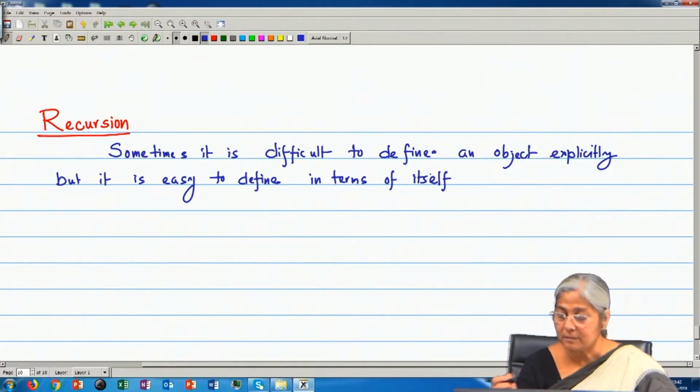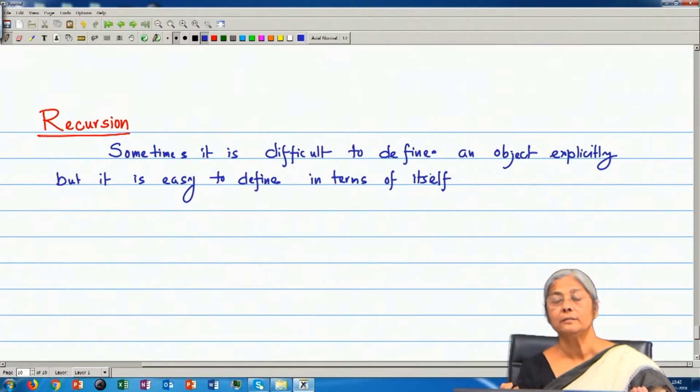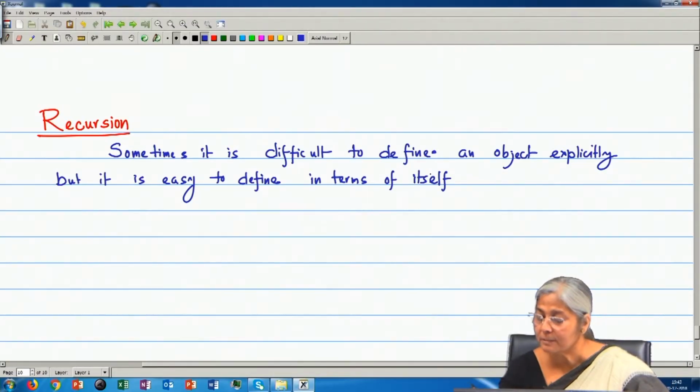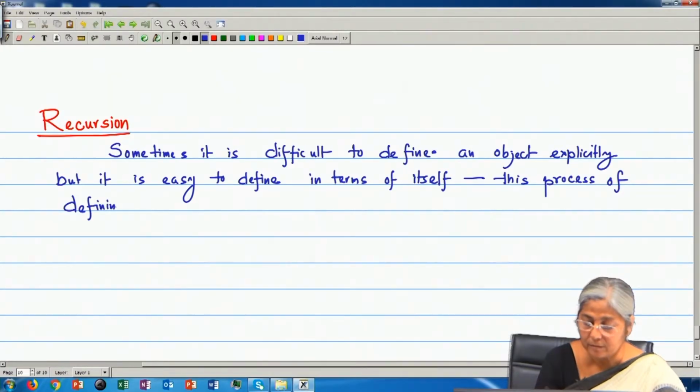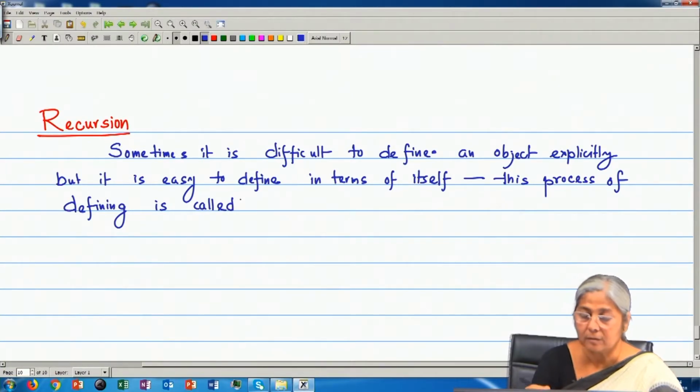And this process of defining the object in terms of itself is called recursion. So, a very simple way to say it: this process of defining is called recursion.